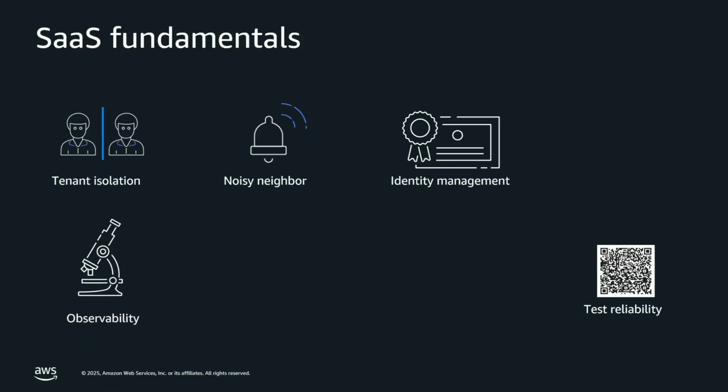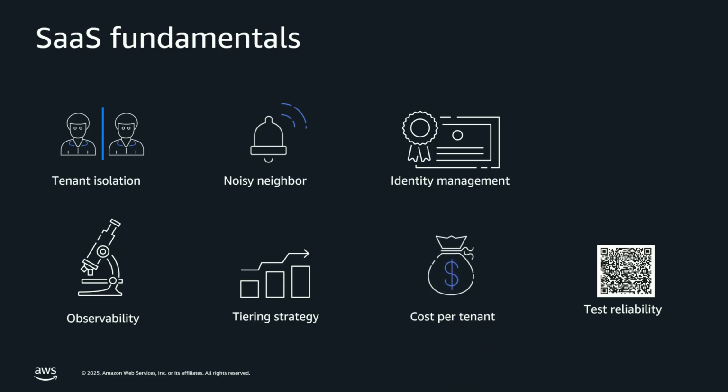Tenant-aware observability to ensure that you can instrument various tenant usage resources and service throttling limits and various other observability-related metrics so that you can withstand any sort of disruption in terms of failures. Strategic tiering to serve your diversified customer segments. And last but not the least, a cost-aware tracking mechanism to ensure that you will be able to charge back to your end customers.